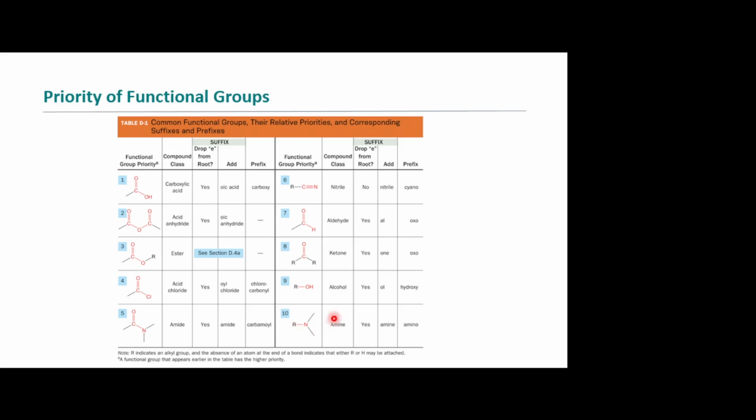So, like if you had this and you had a propyl, it'd be propenamine. And then this was an amino when you have it as a prefix. By the way, amino acid. Why is it called an amino acid? Yeah, the amino has lower priority, doesn't it? Carboxylic acid has higher priority, doesn't it? Yeah. So that's why it gets called amino acid.